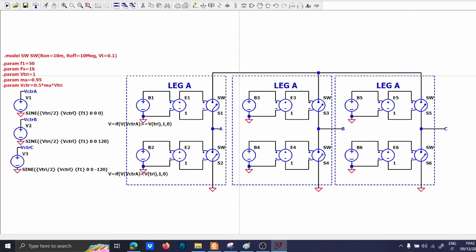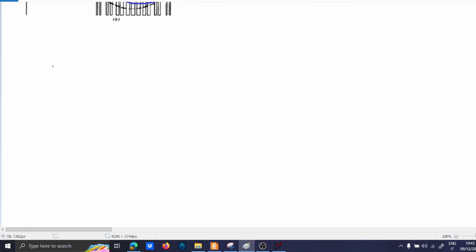Each of the legs is then connected to the DC voltage, which I will put here. The DC voltage is quite high in my example, so let's put 344 volts. Now you actually need the motor, and to do this, we have to remember how the PMS motor is made.